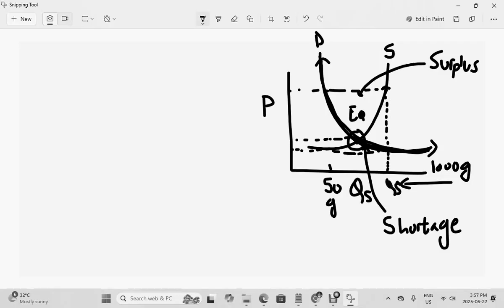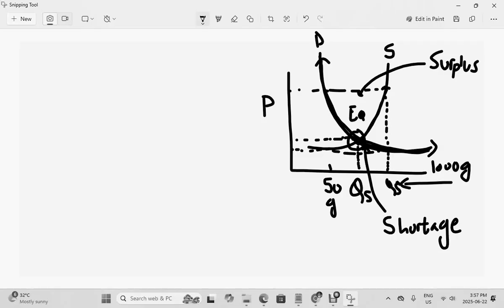Because what are you going to do with all that excess gasoline? The surplus of gasoline, you can't keep it forever. At some point, you have to sell it off. As a result, they're going to cut the prices down. When they cut the prices down, this will go back to the equilibrium point, the price at which the consumers are willing to buy and the quantity that the consumers are willing to buy, the quantity demanded.